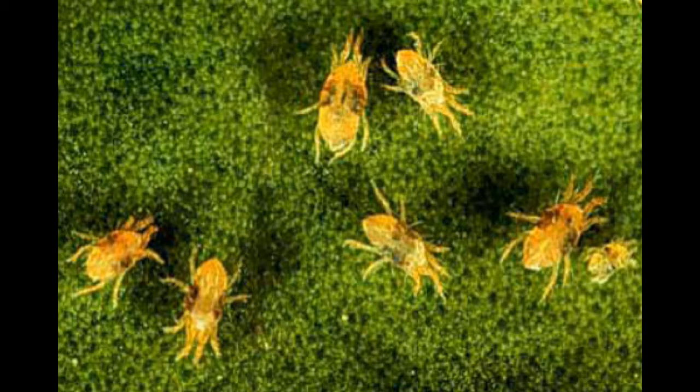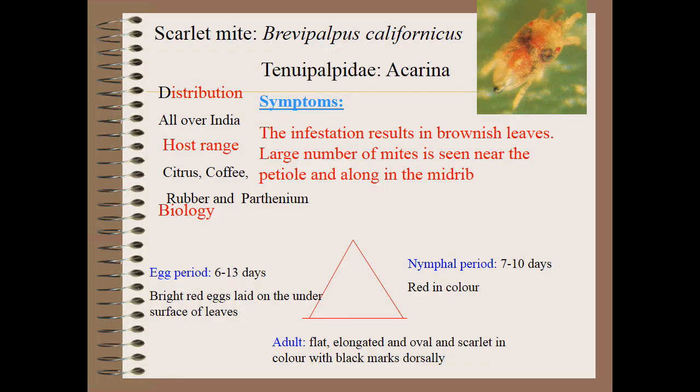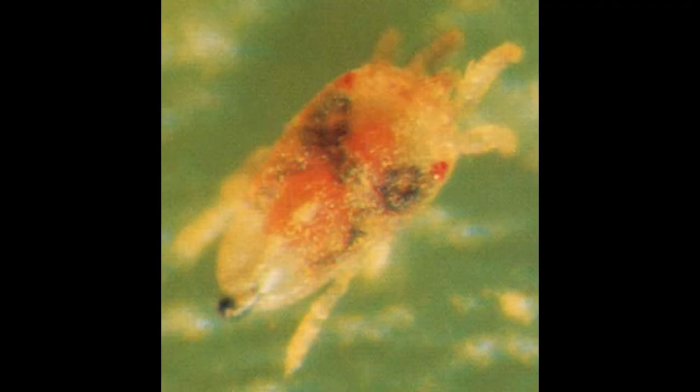And adult is bright crimson red anterior and dark purplish brown posterior, just like a reddish adult. Scarlet mite, Brevipalpus californicus, Tenuipalpidae, Acarina. Symptom: the infestation results in browning of leaf, and large number of mites are seen near the petiole or along the midrib.